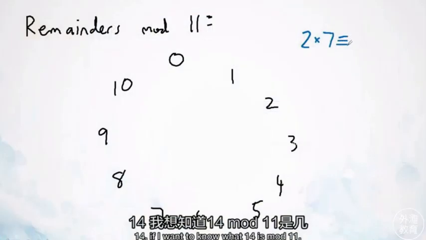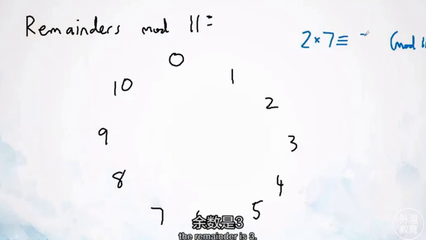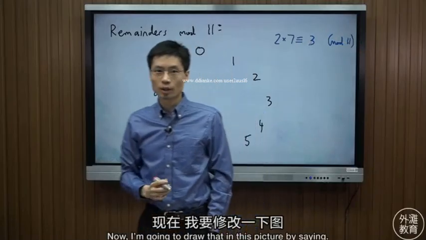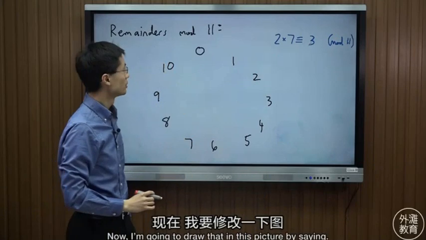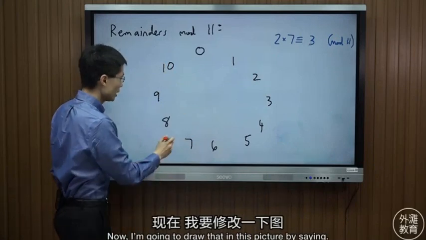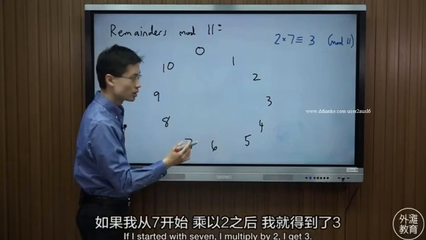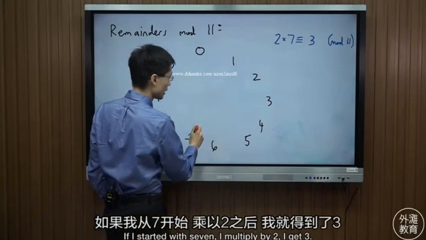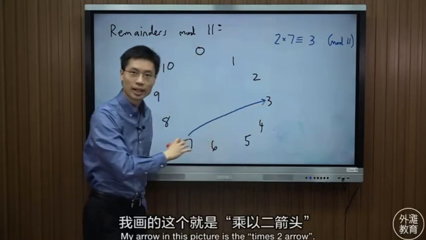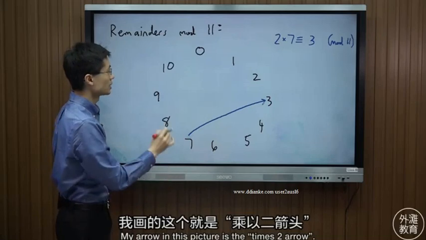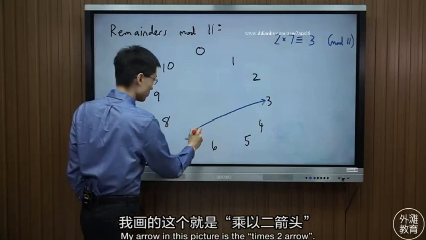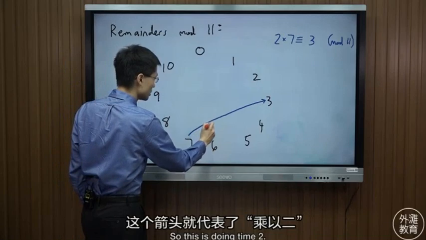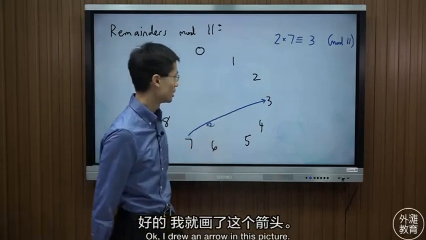If I want to know what 14 is mod 11, the remainder is 3. Now I'm going to draw that in this picture by saying, if I started with 7 and multiply by 2, I get 3. My arrow in this picture is the times 2 arrow. So this is doing times 2. Okay, I drew an arrow in this picture.